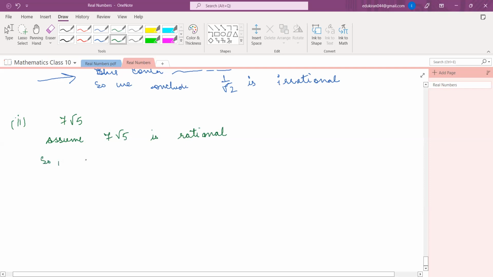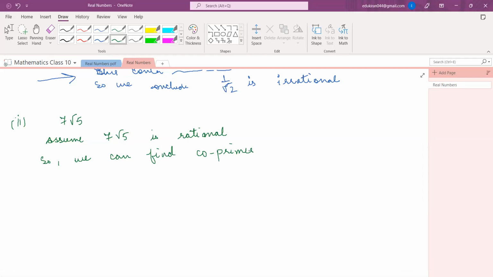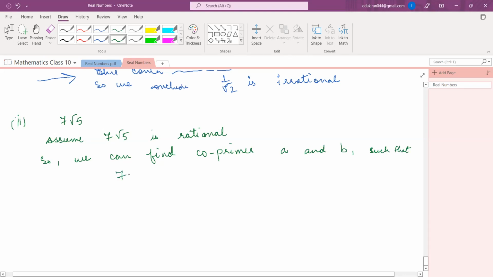So we can find co-primes A and B such that 7 root 5 is equal to A upon B, where A and B are integers and B is not equal to 0.